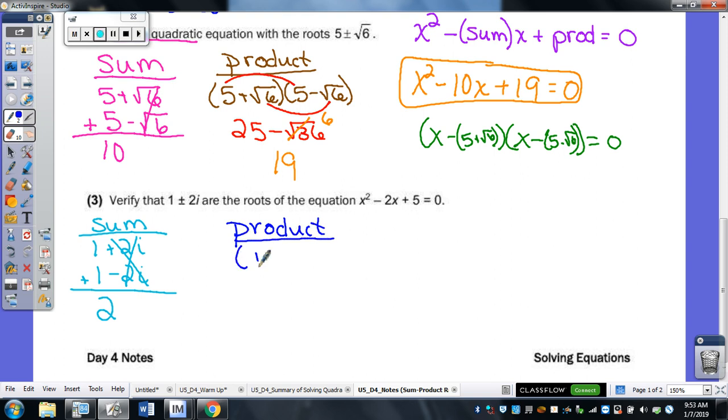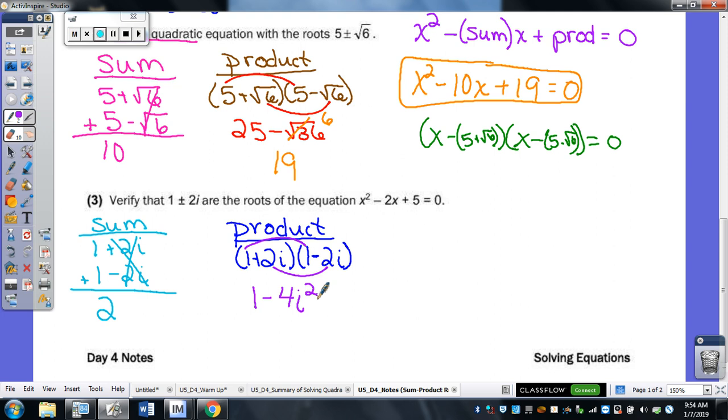Product, we're going to multiply the two of them. So 1 plus 2i times 1 minus 2i. 1 times 1 gives us 1. 2i times negative 2i gives me negative 4i squared.